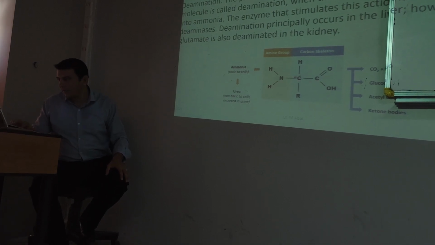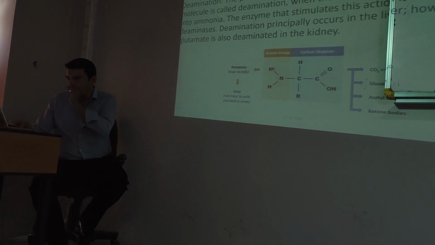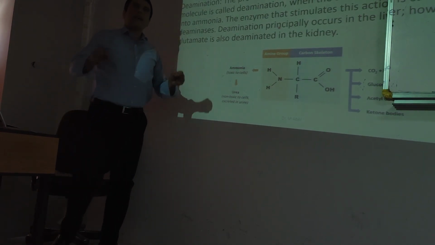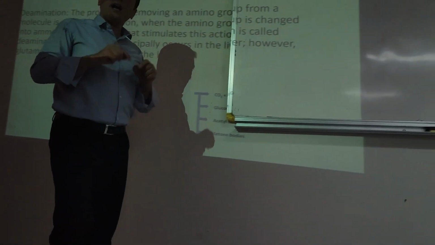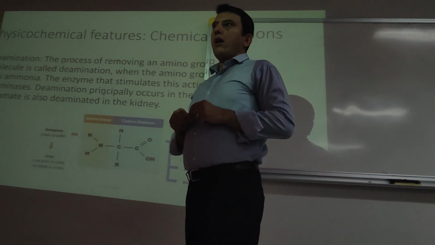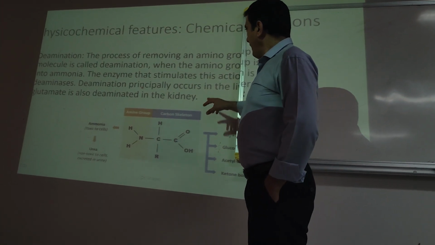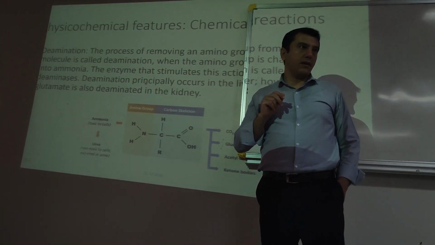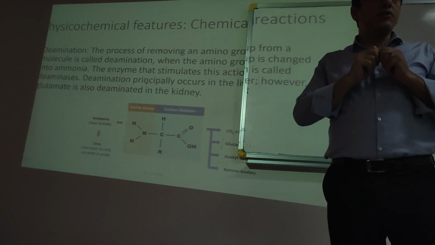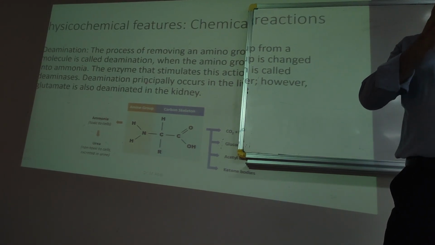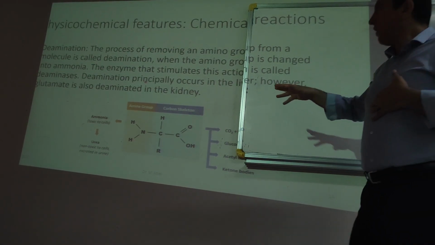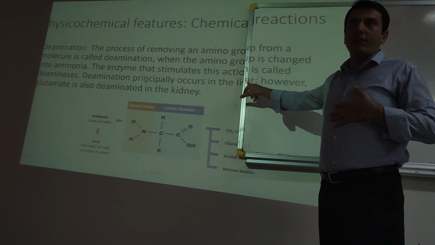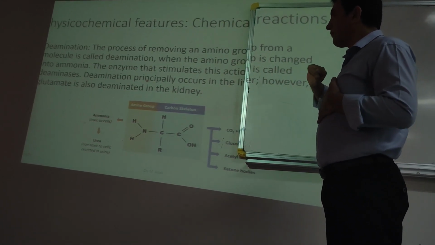You can see here an example. Both decarboxylation and deamination happen mainly in the liver, especially deamination.